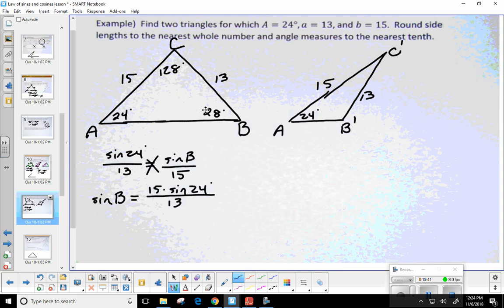So if I take this here, C prime, if I go ahead and draw a dash to show that the larger triangle is containing this one, we just found this one to be 28. 180 minus 28. So what would that be? 152.